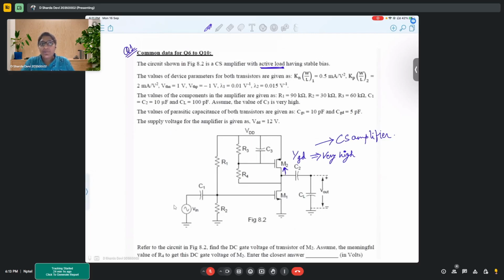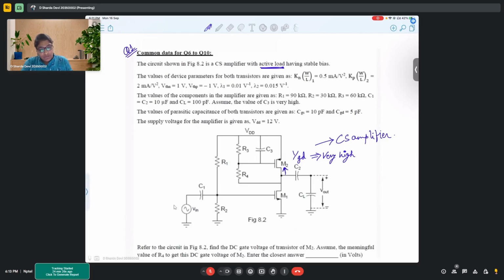In order to minimize our device size, that is the dimension, which is one of the major factors while designing a chip, we go for active loads. That's why here, instead of a resistor, this N2 transistor has been connected.